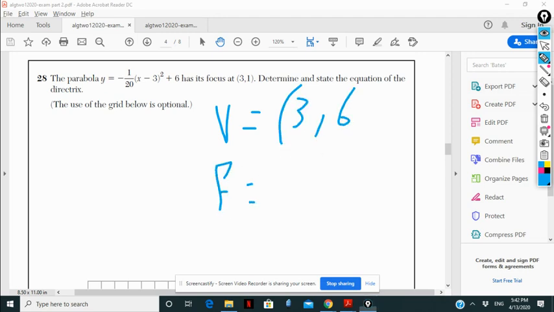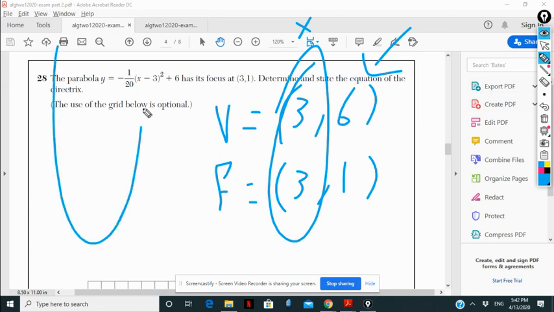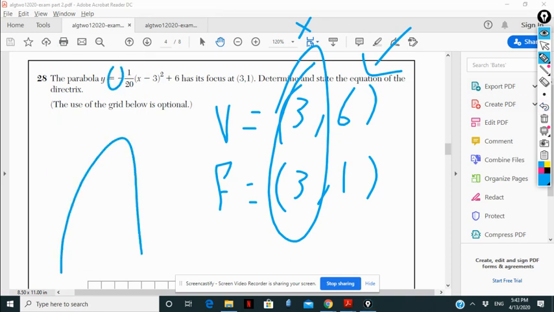The focus is (3, 1). So the focus and the vertex have the same x value, but different y values. Since we have a negative sign, it's opening down. So the focus here and the vertex here, so the directrix is here.